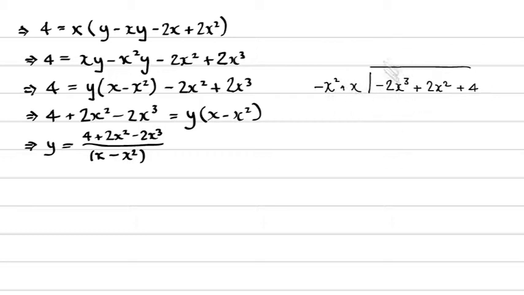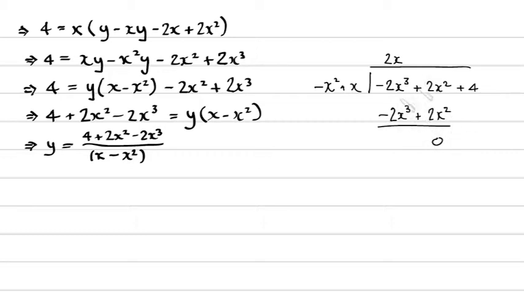So starting our long division then, minus X squared goes into minus 2X cubed 2X times. Multiplying back across, we get 2X by minus X squared equal to minus 2X cubed, 2X times X equal to plus 2X squared. And when we subtract those from each other, we get 0.